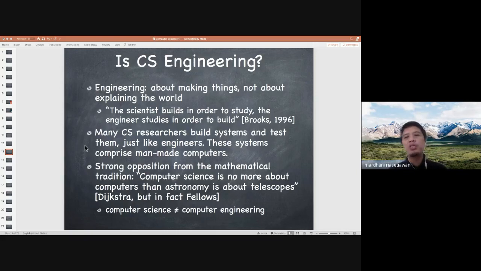The most important thing is how we can collaborate with others to make it happen and work for the community. Even the mathematician says that computer science is no more about computers than astronomy is about telescopes. That's in the science. So here you can see from the basic concept that computer science is different from computer engineering.